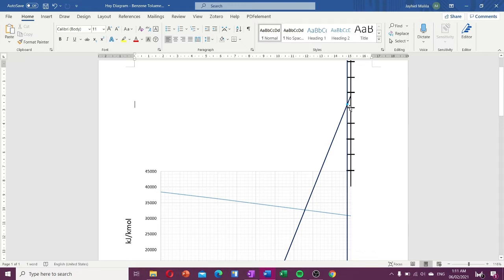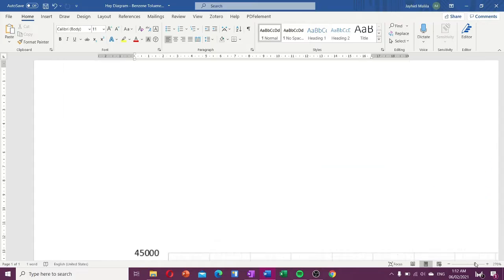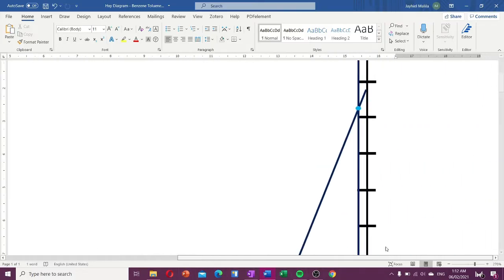So this will be 65 something. Okay, so this will be 67 or something. So again, 45, 50, 55, 60, 65, and then 70. It is up to you how you apply your interpolation scales.